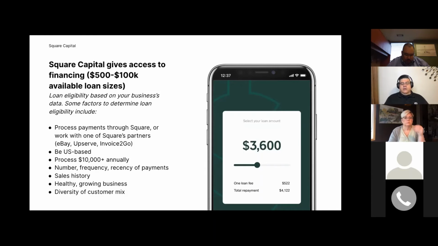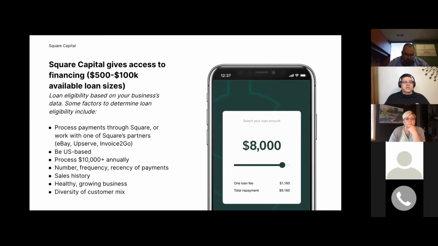So to date, we were obviously part of the PPP program as well. I believe it's now nearly $8 billion in funds that have been extended through Square Capital, and a little over 500,000 small businesses that have used Square loans. Our loans range anywhere from $500 to $100,000.